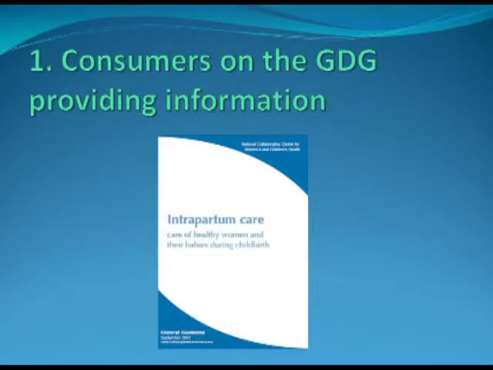So another example is from the intrapartum care guideline, of which I was a consumer representative. On that guideline we had 3 consumers, and there were 3 obstetricians. There were 4 midwives, because 1 midwife chaired, and then we had an anaesthetist and a neonatologist.